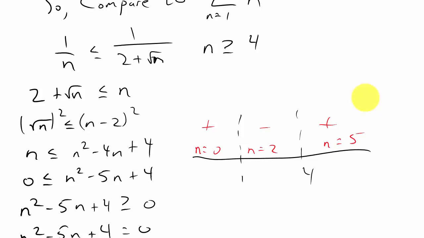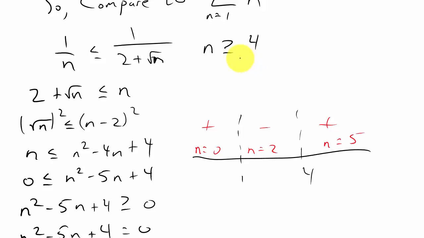Well, the convergence of a series is not dependent on its first several terms. Okay, so we can kind of modify this and say n is greater than or equal to 4.